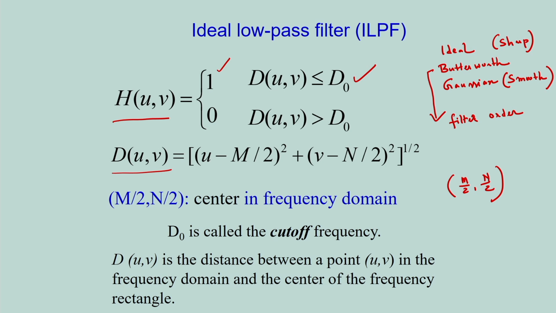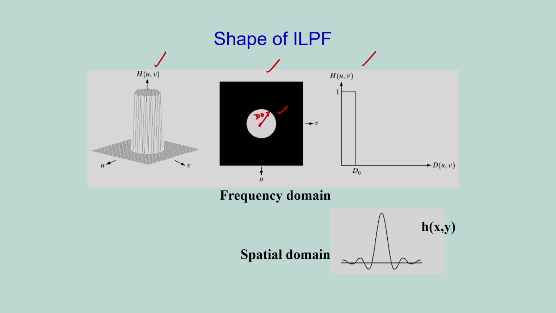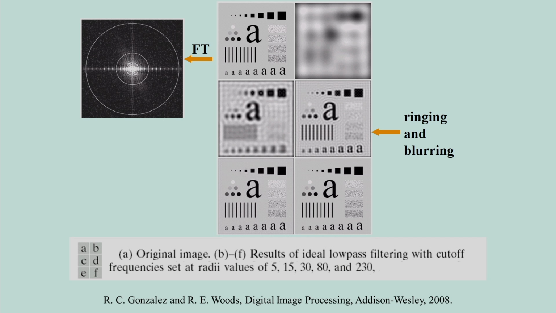That is the meaning of this expression. Corresponding to this rectangular function in the frequency domain, I have the sinc function in the spatial domain. So, this is the concept of the ideal low pass filter in the frequency domain and in the spatial domain.